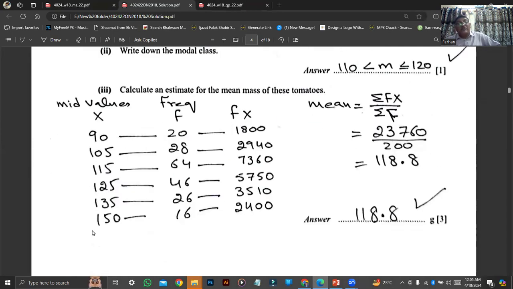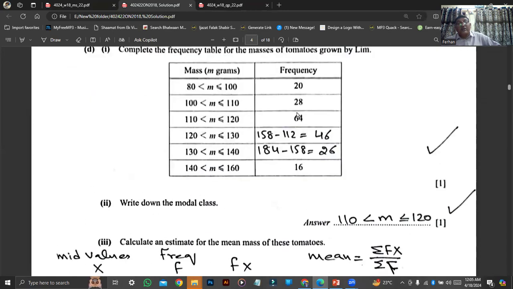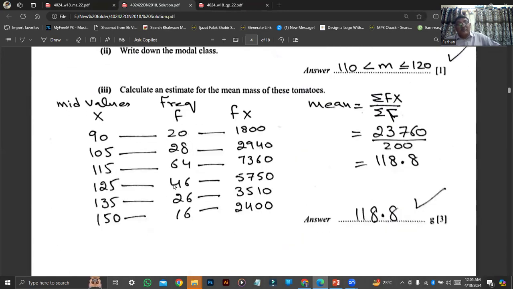Here I have written those mid values, and here is the frequency of each class. Then I multiply f and x. 90 times 20 is 1800, 105 times 28 is 2940, 115 times 64 is 7360, 125 times 46 is 5750, 135 times 26 is 3510, and 150 times 16 is 2400.